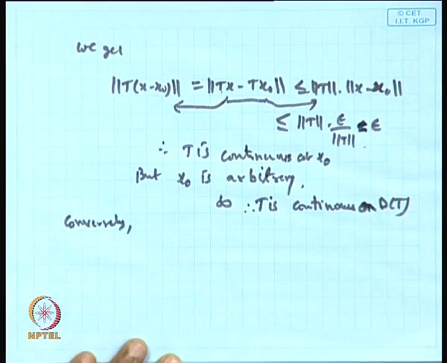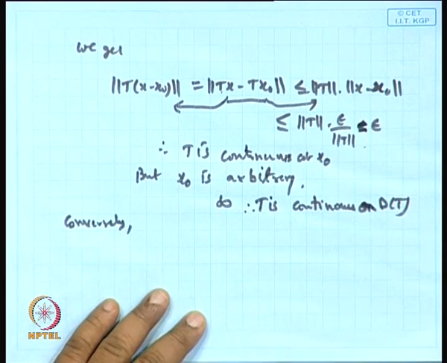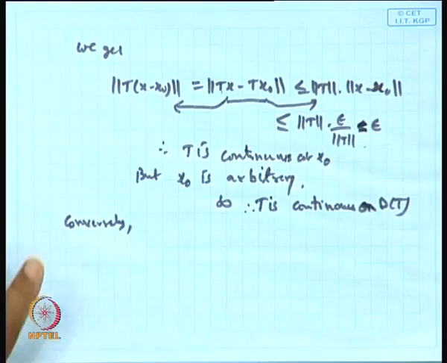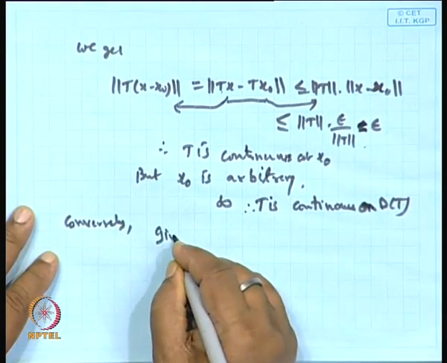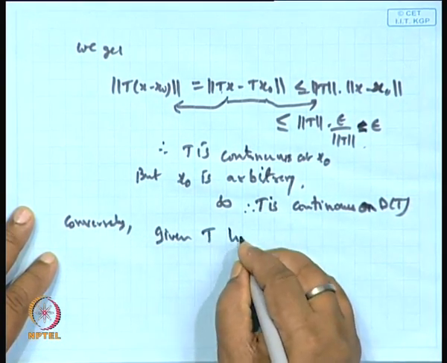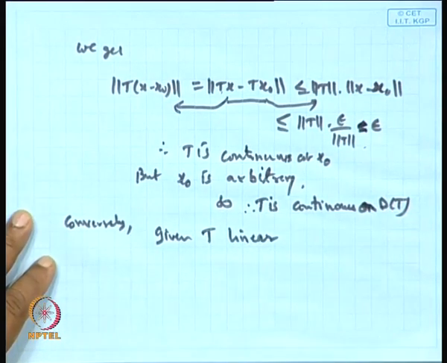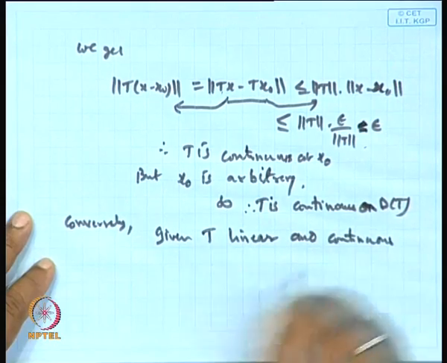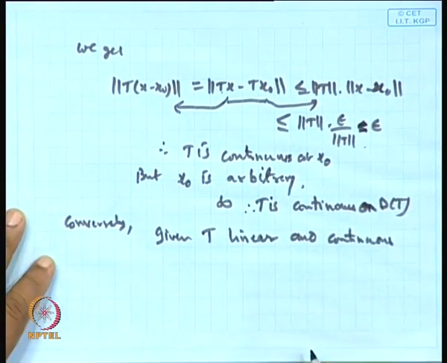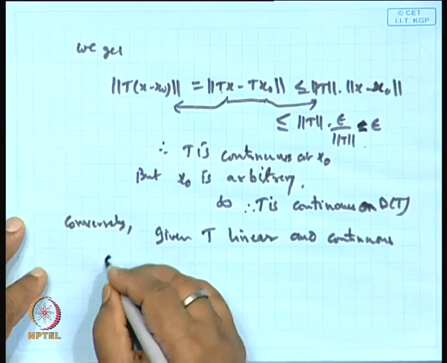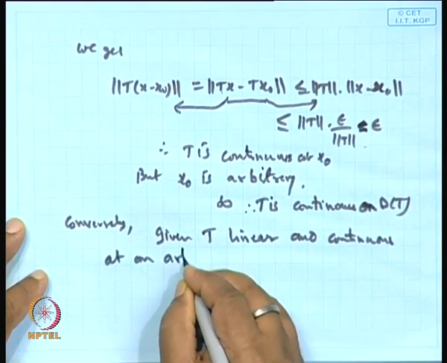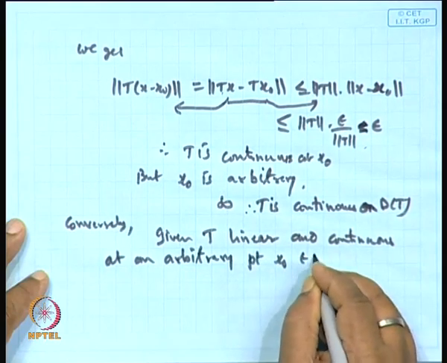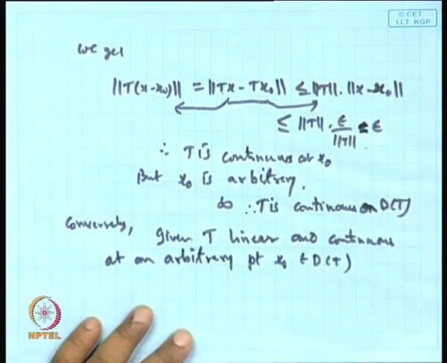Conversely, what is given now is that T is linear and continuous at an arbitrary point x naught belonging to D(T), and we want T to be bounded.